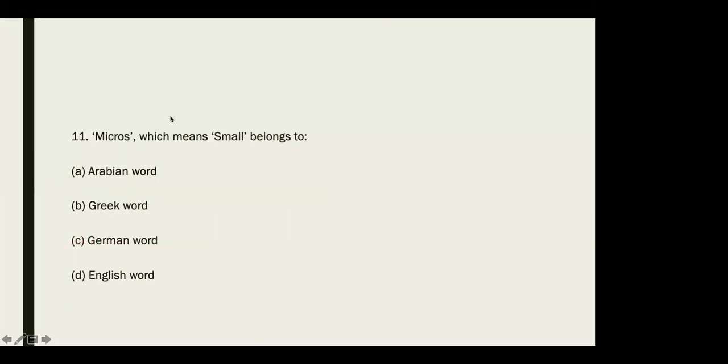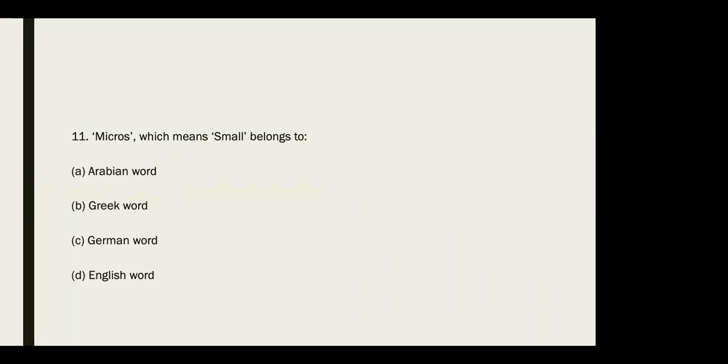Micro, which means small, belongs to Arabian word, Greek word, German word, or English word? It is mostly Greek. So things to remember are most of the words which are derived are from Greek and Latin.